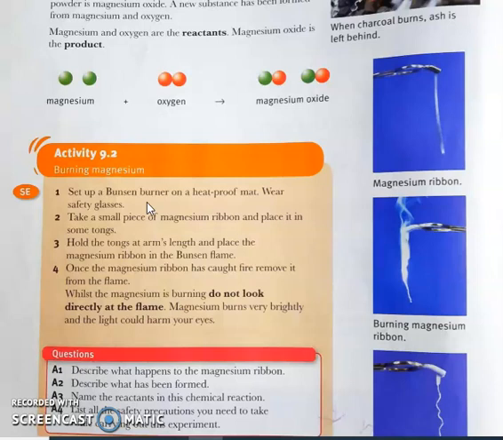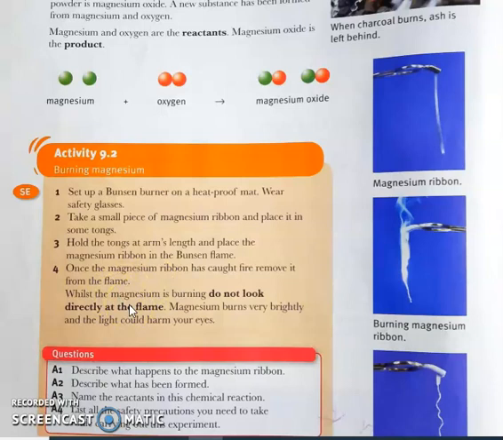Take a small piece of magnesium ribbon like this and place it in some tongs. Hold the tongs at arm's length and place the magnesium ribbon in the Bunsen flame. Once the magnesium ribbon has caught fire, remove it from the flame. While the magnesium is burning, do not look directly at the flame.